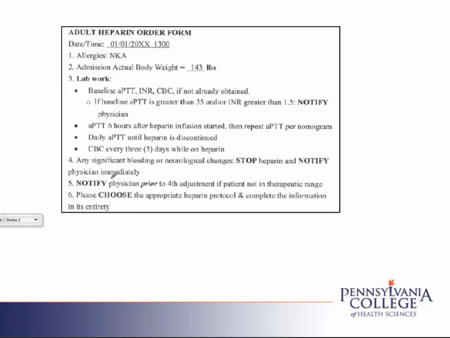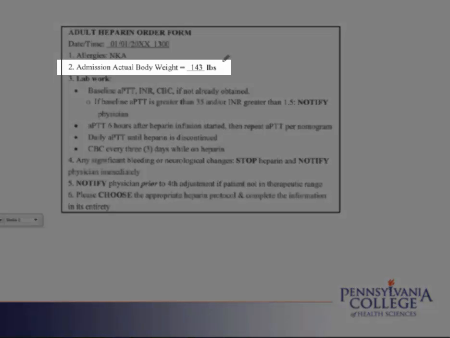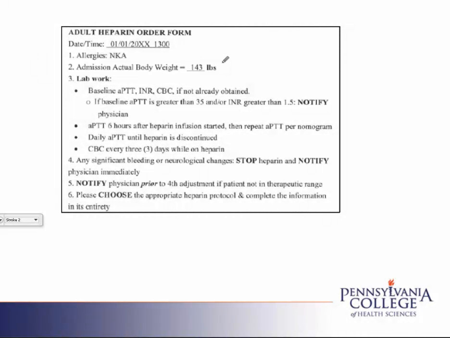I need to notify the physician prior to the fourth adjustment, and I need to choose the appropriate part of the protocol. So I already know the appropriate part of the protocol because I was told to use the cardiology protocol. I want to make note of the patient's weight because I'll need that for a heparin protocol problem.